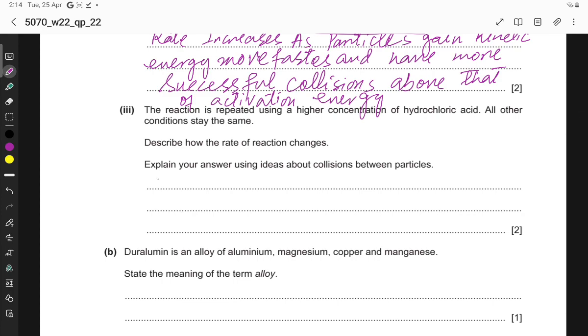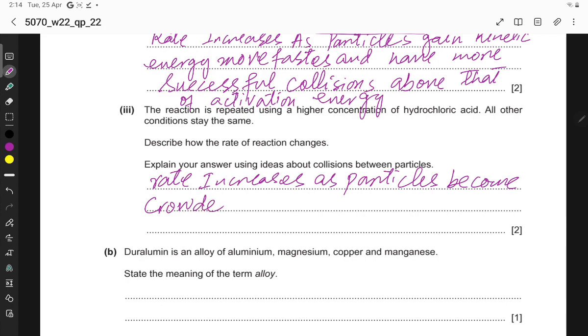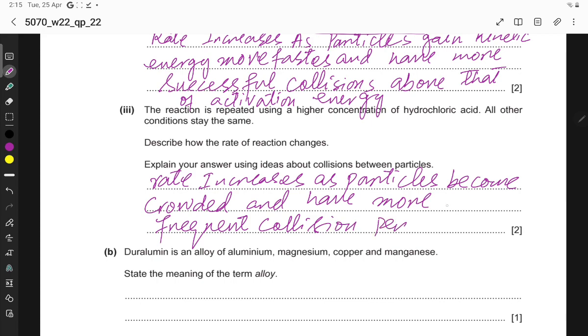Rate of reaction increases, as particles become crowded and have more frequent collisions per unit area, per unit volume.